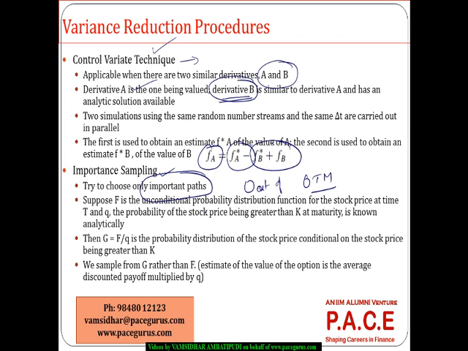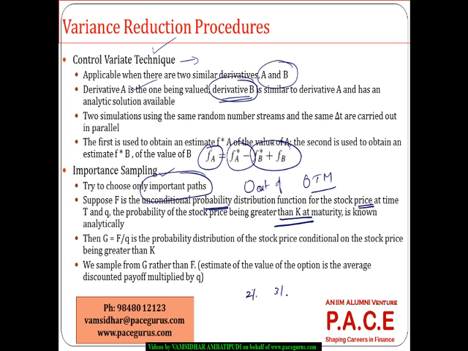So when I'm saying F is the unconditional probability distribution for the stock price, I will look at the probability of the stock price greater than K and try to generate. So I'm looking at Q as the probability that the stock price crosses the strike price. Probably it is 2% or 3%.